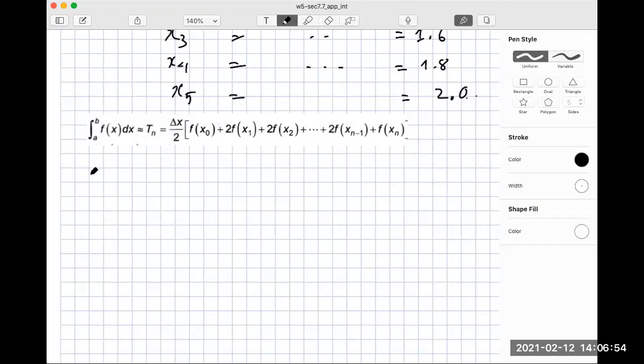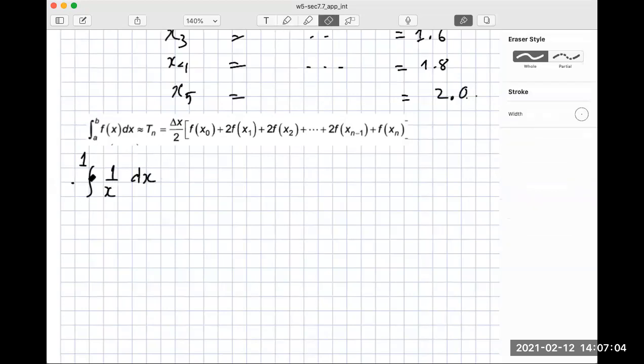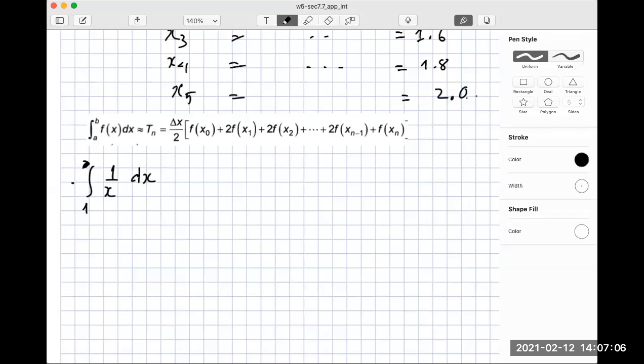Okay, let us do it. The integral from 1 to 2 of 1 over x dx. Thank you. It will be delta x, which is 1/5, right?